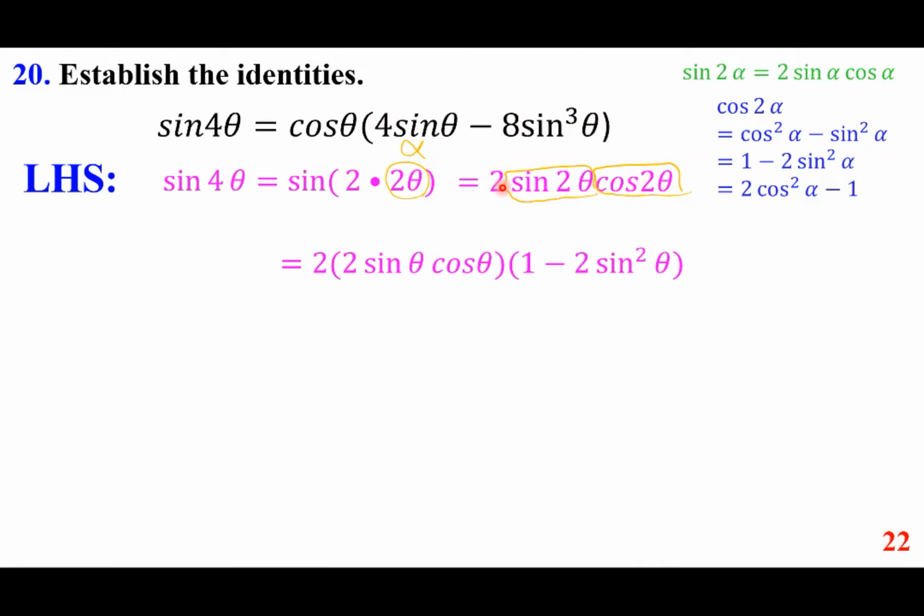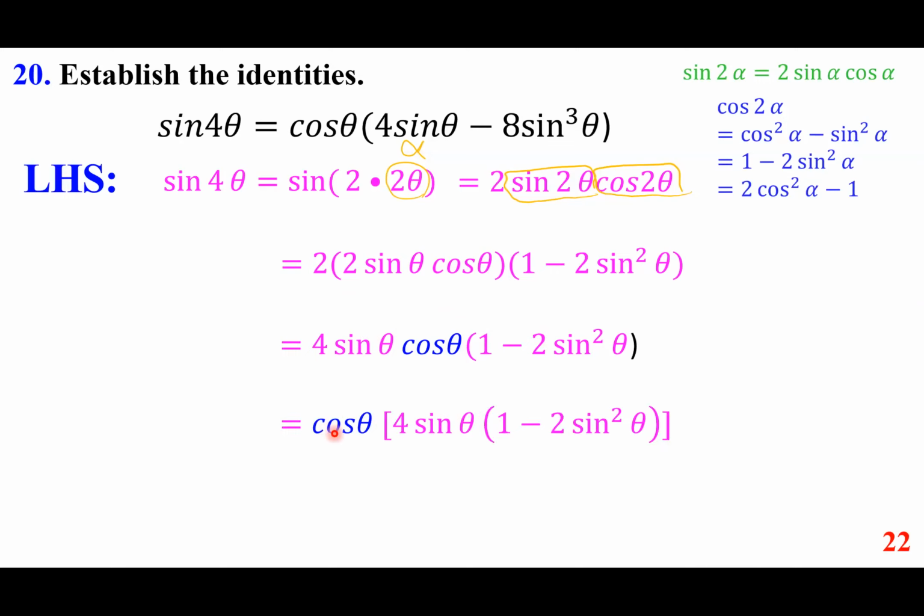So 2 times, this is 2 sine theta cosine theta, and this is all sines. We're going to use 1 minus 2 sine squared. So 2 times 2 makes it 4. We are going to multiply the 4 sine theta by the parentheses.